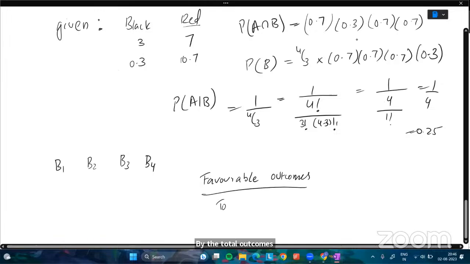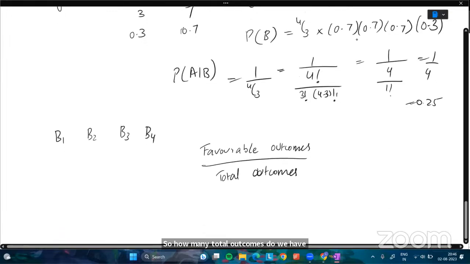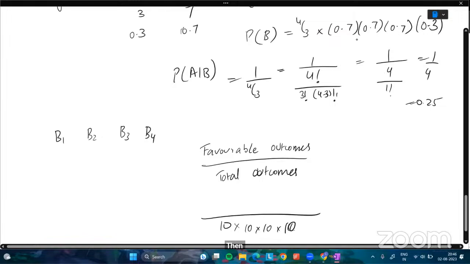So how many total outcomes do we have? Since it's with replacement, for one ball it's 10. We have 4 such balls, so it will be 10 into 10 into 10 into 10. Now we need favorable outcomes.